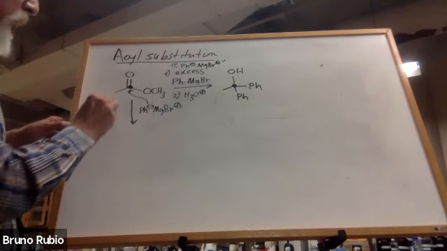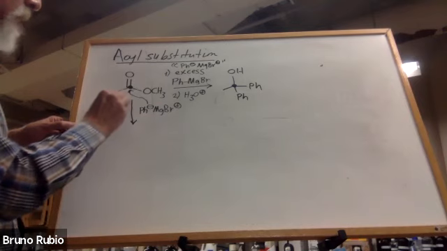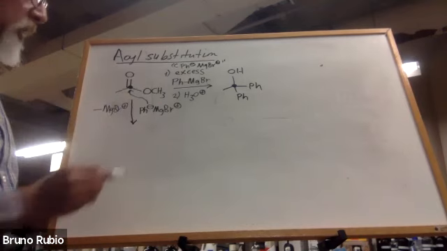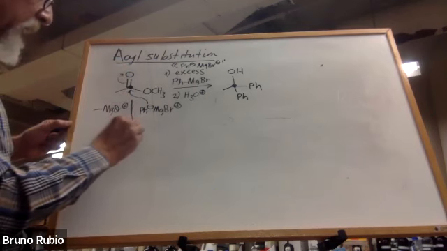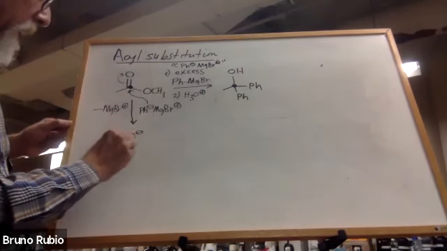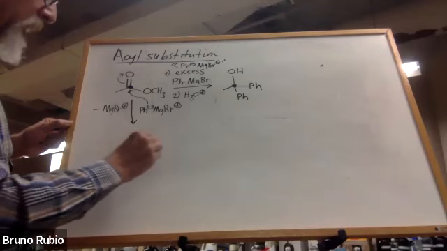And we could picture MgBr plus swimming around in the solution momentarily. And so we get this intermediate here.